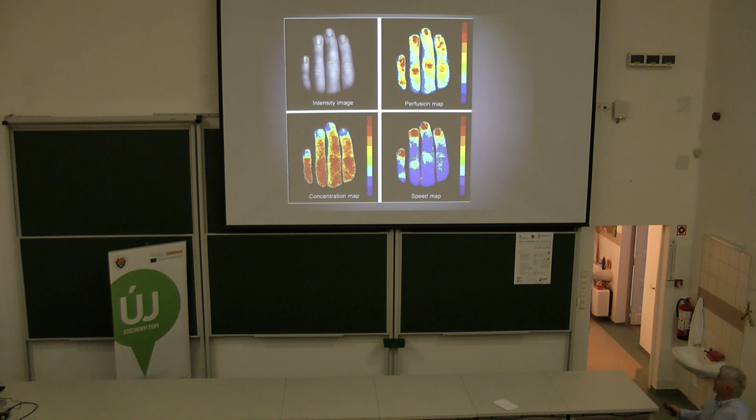And this is the speed map, which is almost the opposite. Slow blood flow, low speed, high concentration in the capillaries, and in the tips of the fingers, there is a high speed of blood movement.